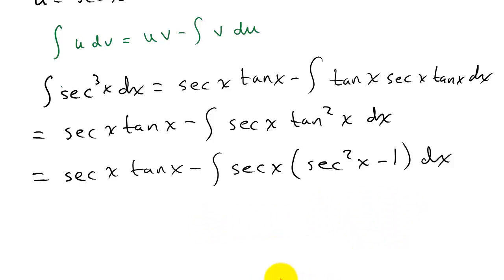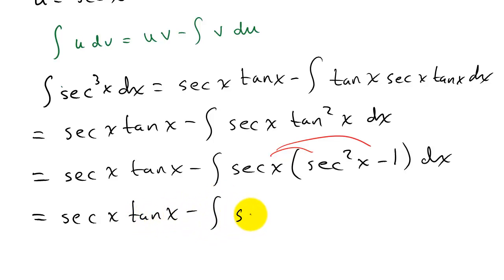And then let's go ahead right here and distribute this secant x here. And so that's going to be secant x tangent x minus the integral of secant cubed x minus secant x dx.